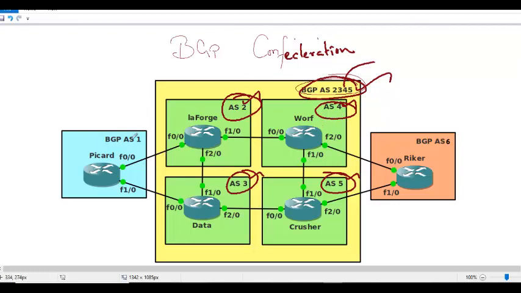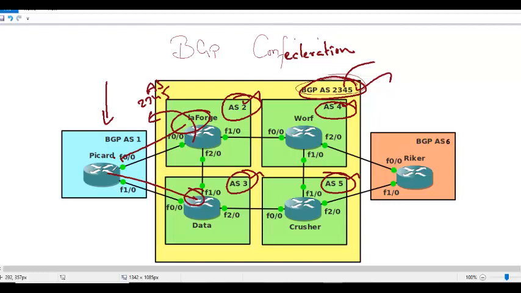So when you configure the neighbor here, don't put autonomous system 2 as a neighbor. Don't put autonomous system 3 as a neighbor. No, it won't work. Why? These routers are going to reveal themselves as the 2345 autonomous system.